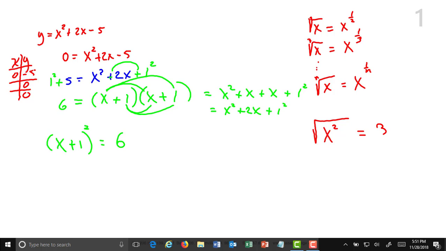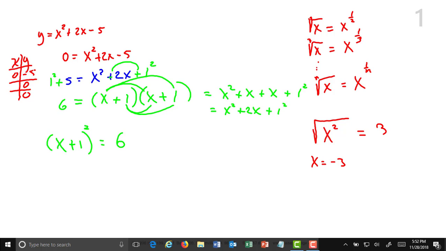Well, x is equal to 3, right? 3 squared is 9, correct? The square root of 9 is 3, yeah? But x can also equal minus 3 because it's squared, which makes it positive 9 again, right? So what happens? There are 2 solutions.